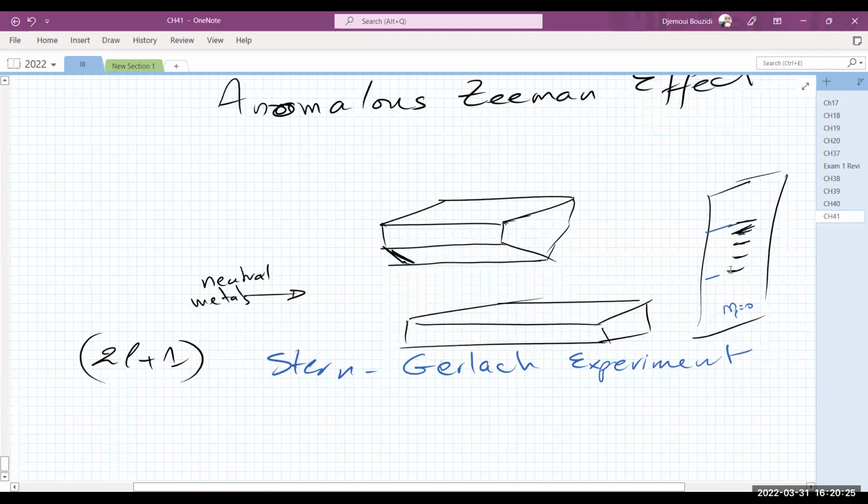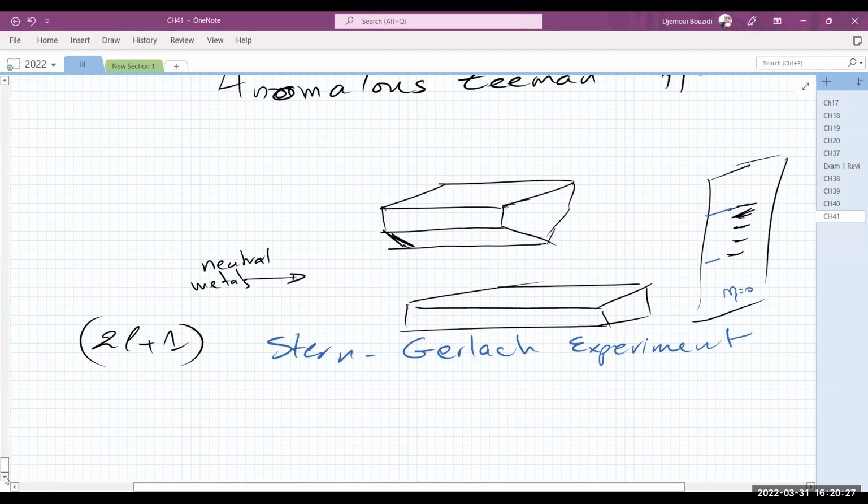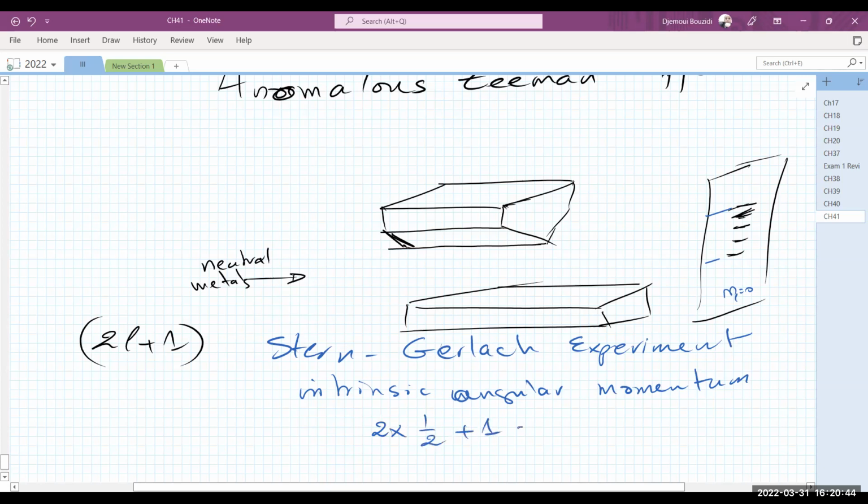So here is the proposal then. It seems like there is another angular momentum, intrinsic angular momentum, that satisfies this equation, except I have to multiply it by half integer to get the splitting in 2.